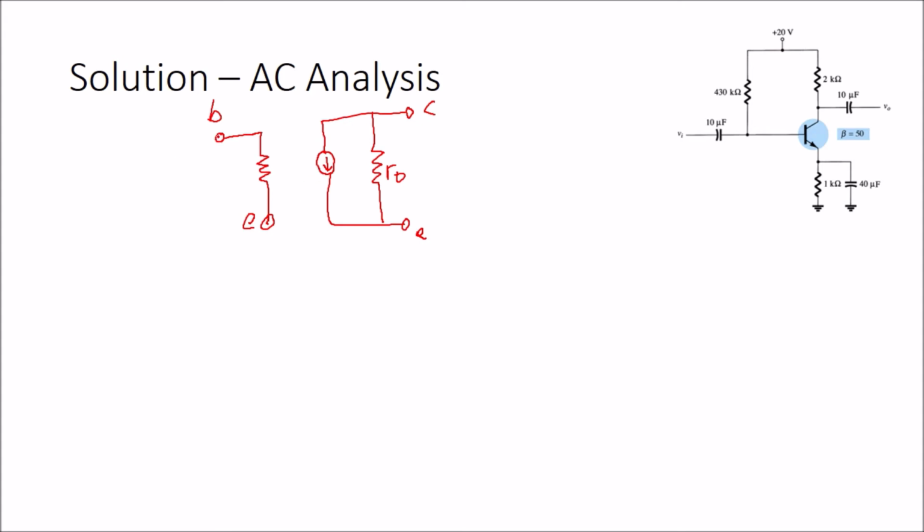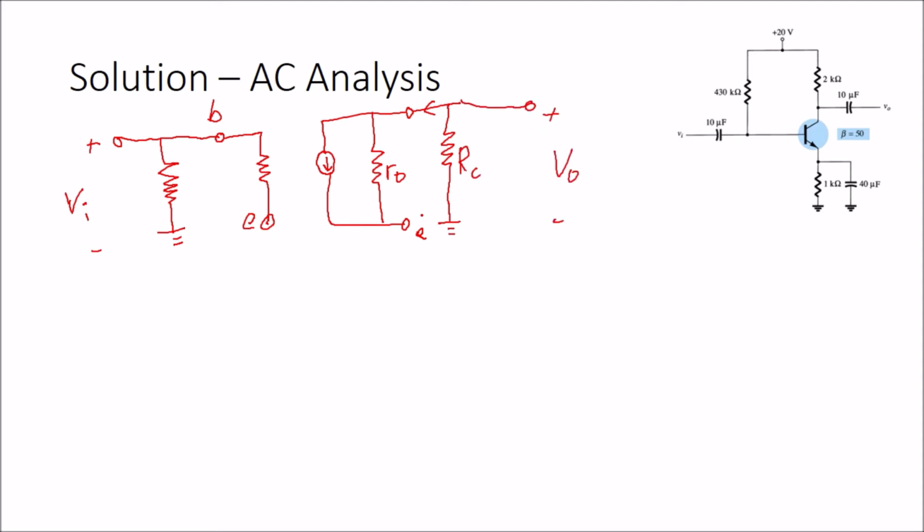From the base terminal, it's going to connect to the RB, and from the RB connect to ground, and here we need to measure the value of Vin, plus and minus. From the C terminal, it's going to connect to the RC and then straight to the ground. Here we're going to measure the value of V0.